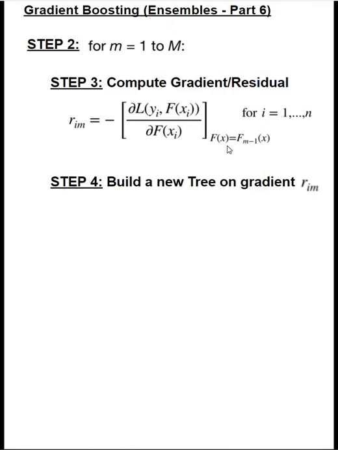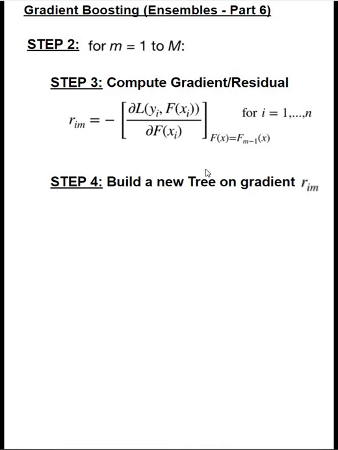Going on to step 4, once we have the r_im, which is calculated for each of the data points, we are now trying to build a new tree on the gradient itself.